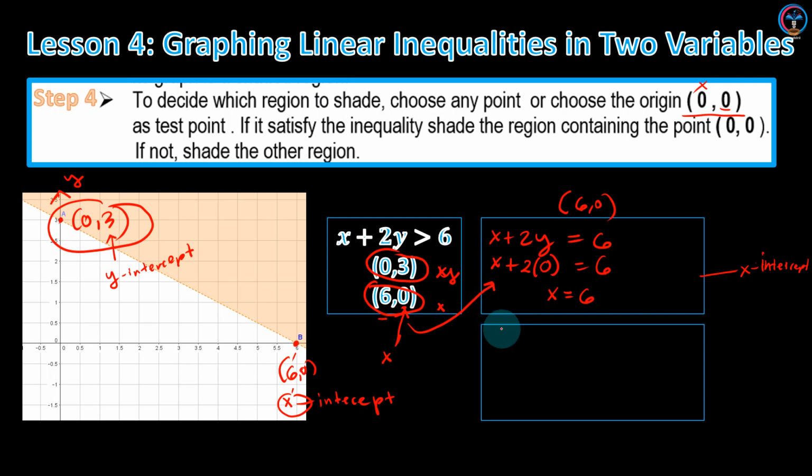Now let's zero the x. This is 0 plus 2y equals 6. Notice that our x is 0 here. Therefore 2y equals 6. Divide everything by 2, and the answer is y equals 3. So when our x is 0, our y is 3, and this is called the y-intercept.